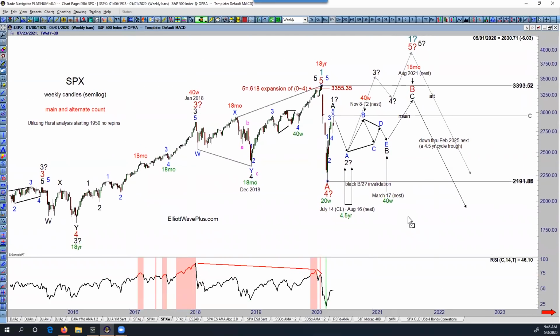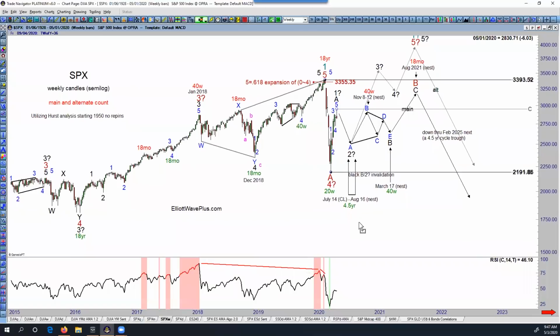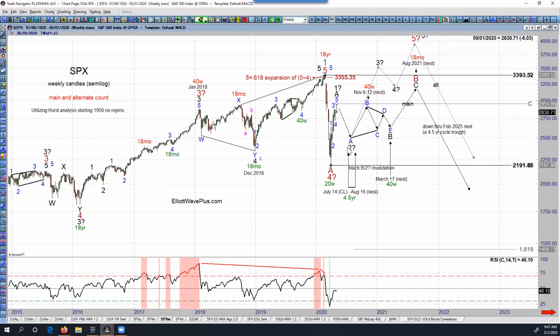Okay, all that being said, what I'm really showing you is that if this is going to be a move to the downside to 1456, it's going to have to do it by July or August, and that is why I haven't been showing it on my charts, because it doesn't seem likely that it would crash that precipitously, that quickly.